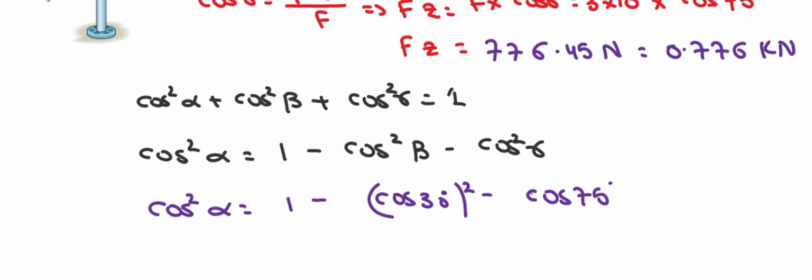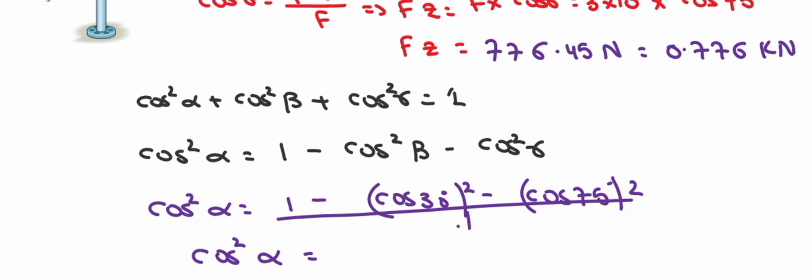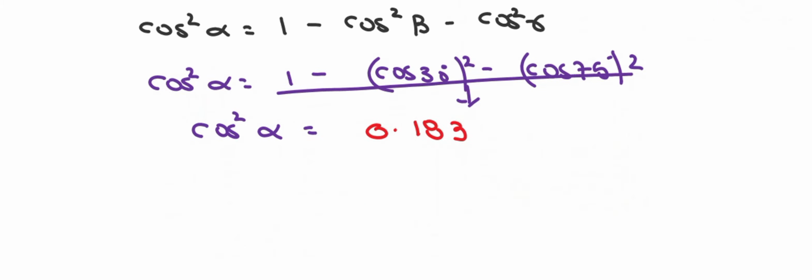So it will become cos square alpha, and this expression gives us the value of 0.183. If you take the square root of this expression, it will become cos alpha is equal to 0.427. This is basically the value of cos alpha.